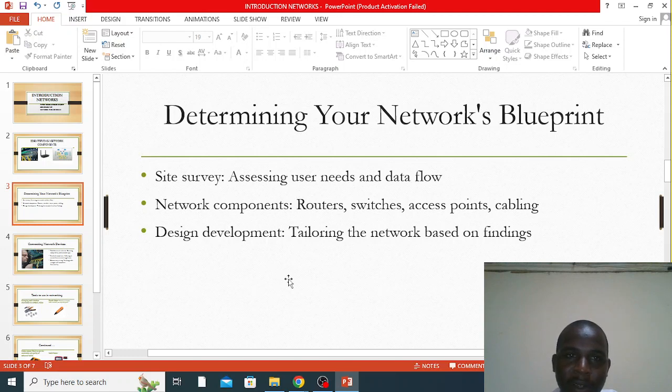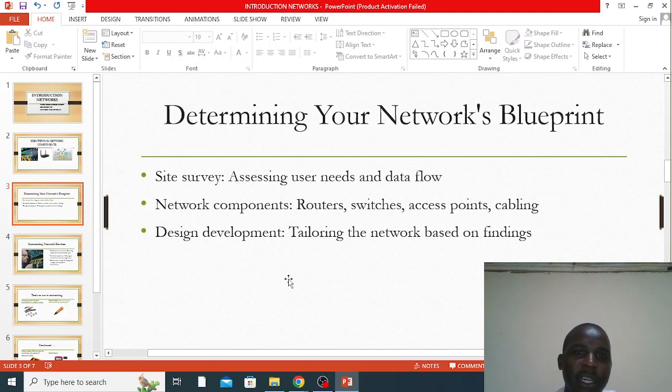Another consideration is the network components. So with the network components, we are trying to check which components best fit the type of network that you are trying to create. For example, some of the components we'll consider include routers, switches, access points, and cabling.